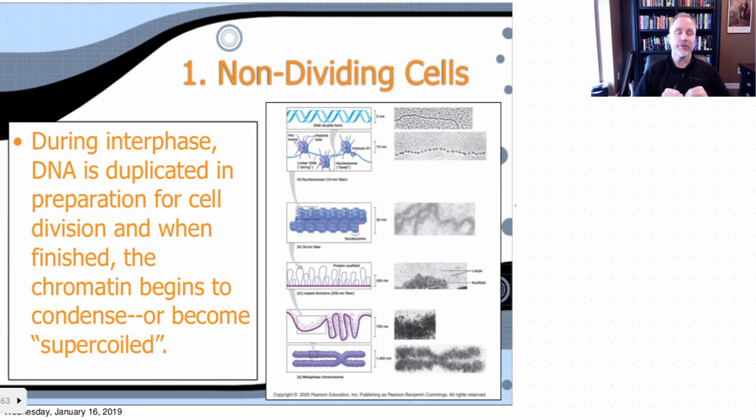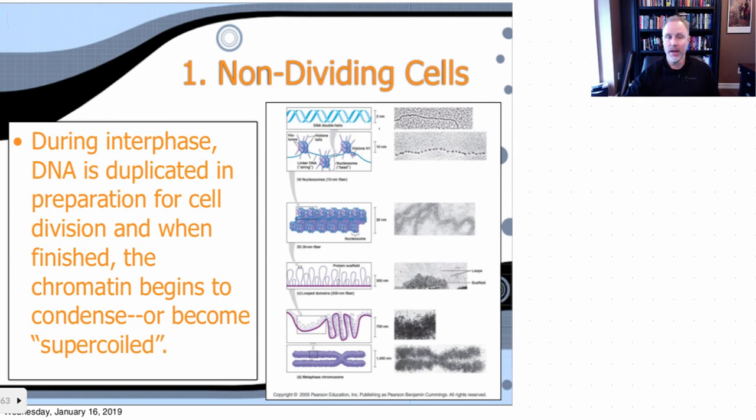And then during interphase, we can break this up, and we'll show you here in a couple minutes. You can break up interphase into different stages, and during one of the stages, the S phase, you synthesize or duplicate the DNA, and that's preparing the cell to divide to give each of those new cells the correct genetic complement. Okay, and once the DNA has been duplicated, now the chromatin starts to condense, this DNA starts to supercoil.